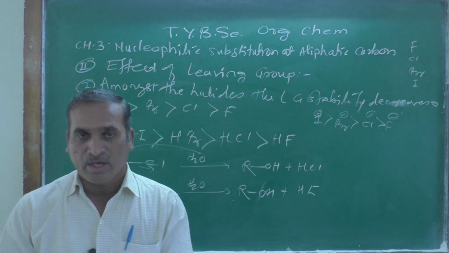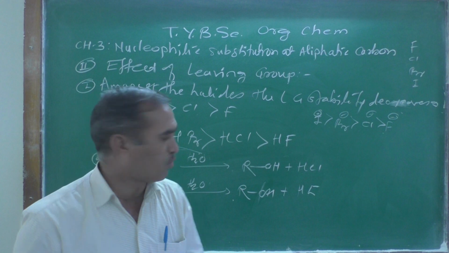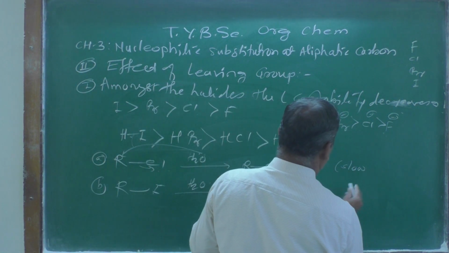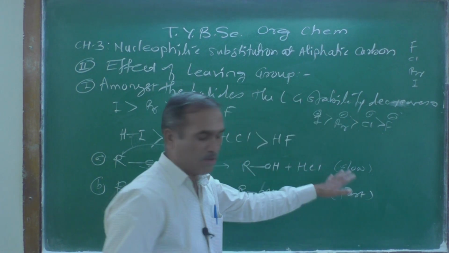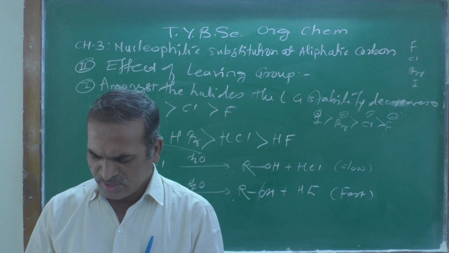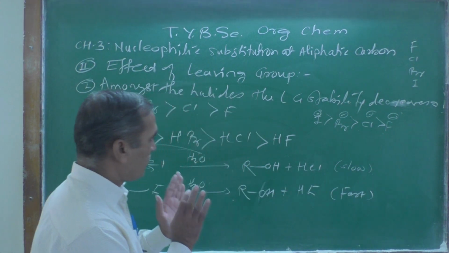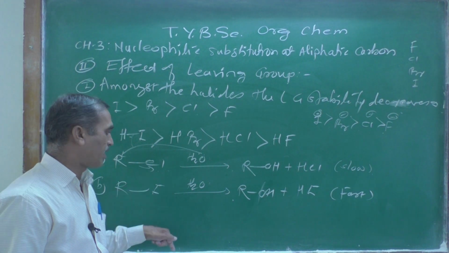If you determine the rate of this reaction, what do you find? This reaction is a very slow reaction, and this one is a very fast reaction. The rate of reaction is very fast here, slow reaction there. And when it is a fast reaction, what does it indicate?